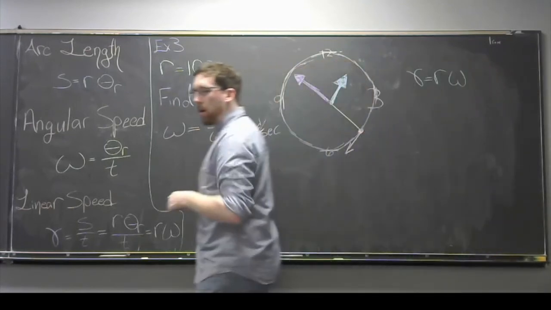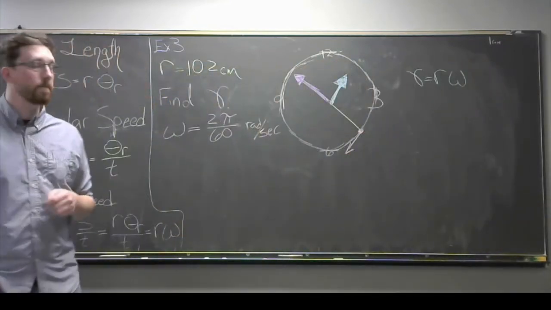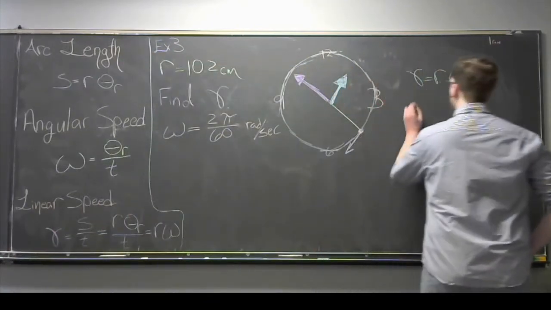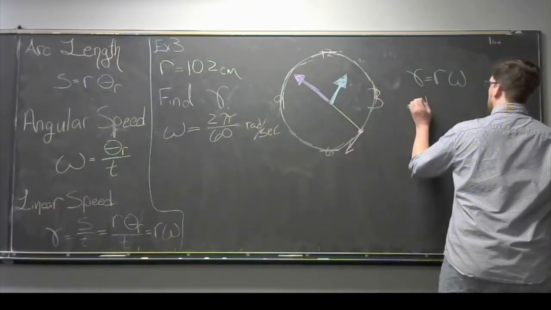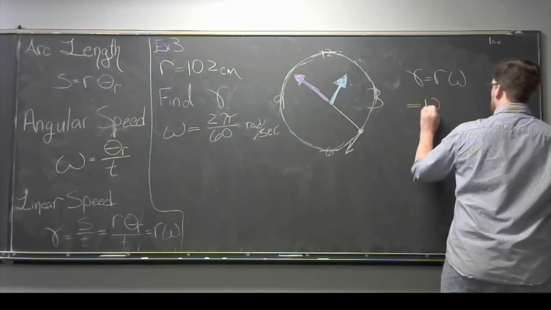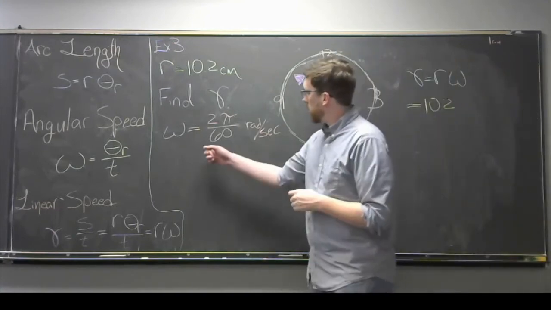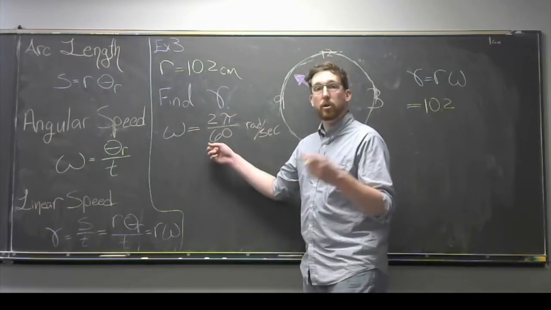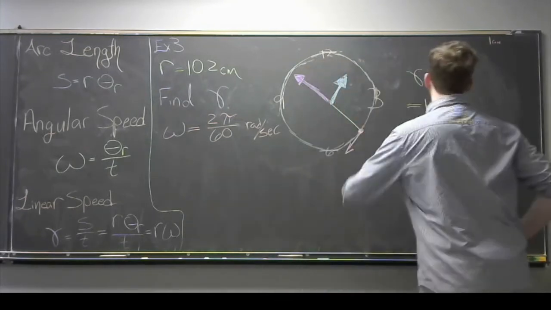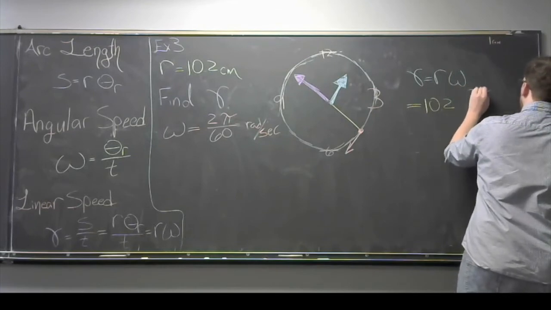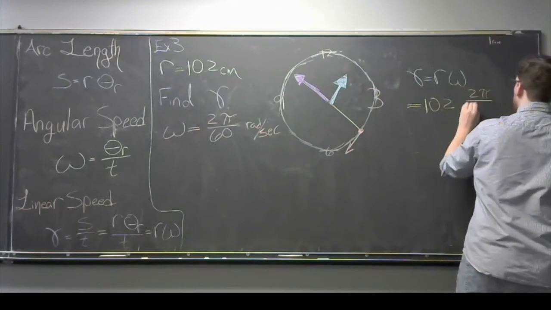Well, we know r is equal to 10.2. Let's plug it in. And we know our angular speed is 2 pi divided by 60. Let's plug that in: 2 pi divided by 60.